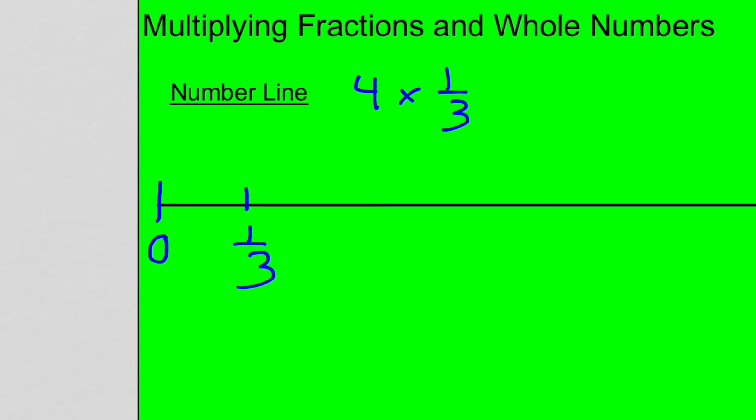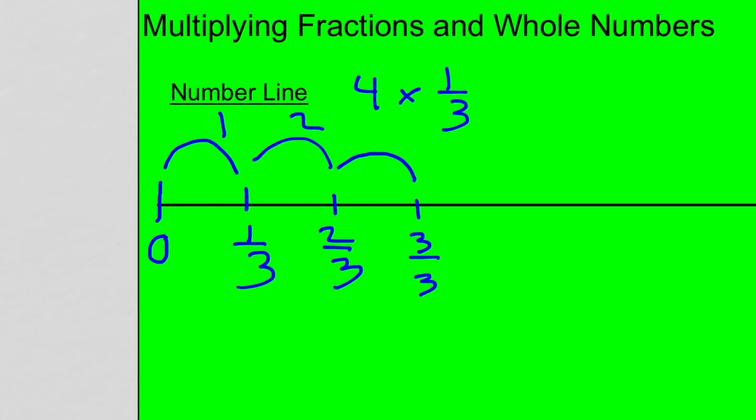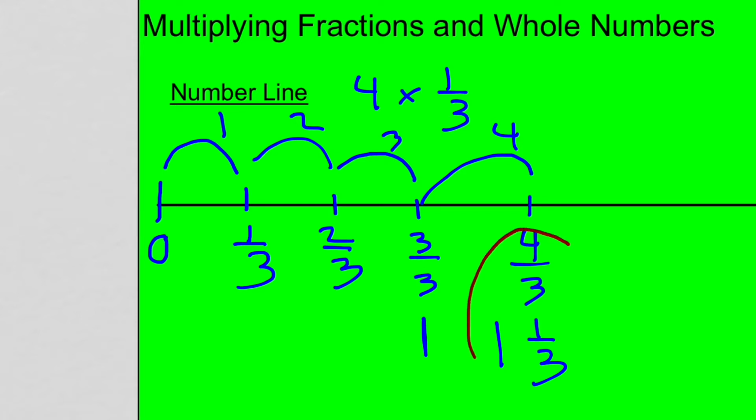So there's 1/3, and then another group of 1/3 would be 2/3, and then 3/3, or better yet, 1 whole. And our 4th group of 1/3 would be 4/3, or better yet, 1 1/3. So 4 times 1/3 is 4/3, or 1 1/3.